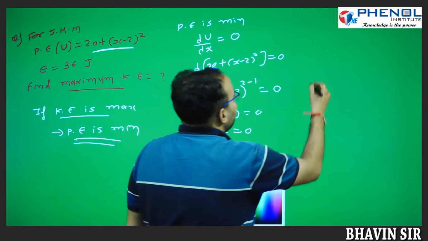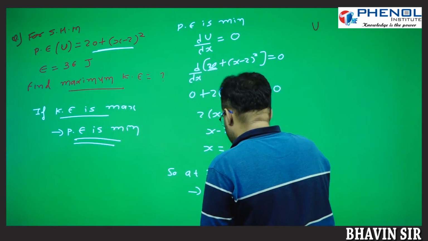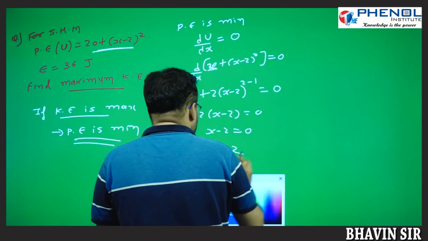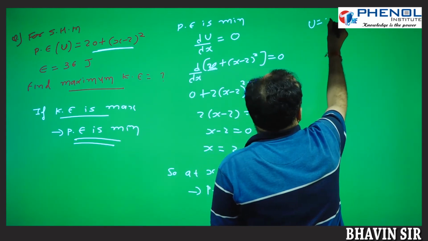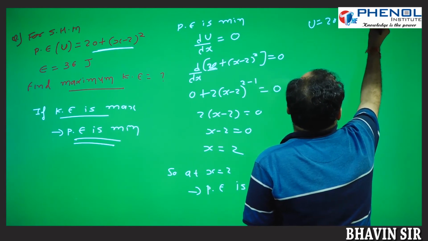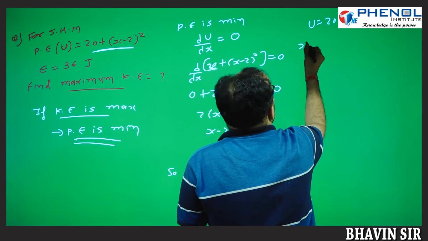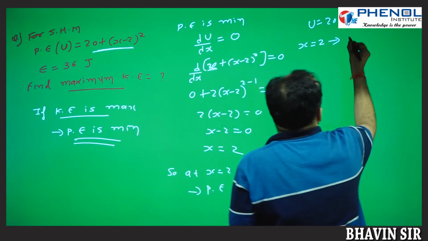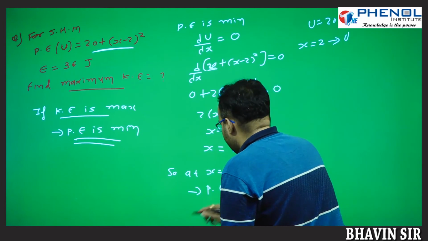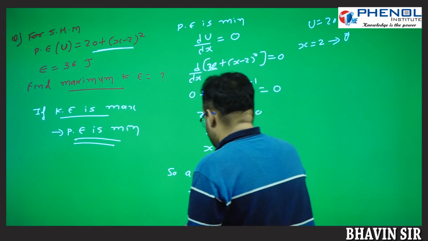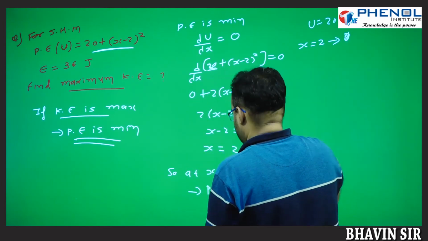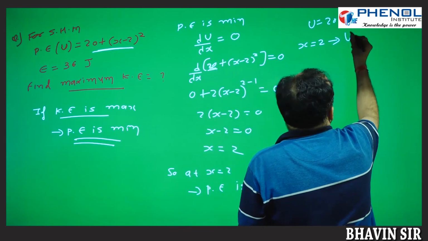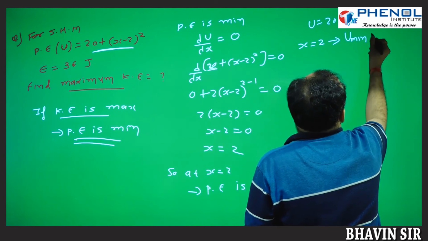So what is the minimum potential energy? What is the formula? 20 plus (x minus 2) whole square. When we place x equal to 2, the potential energy is minimum.